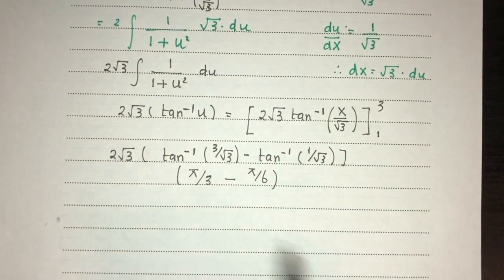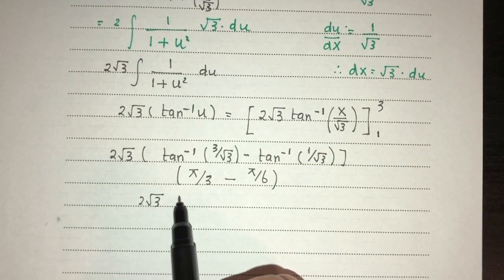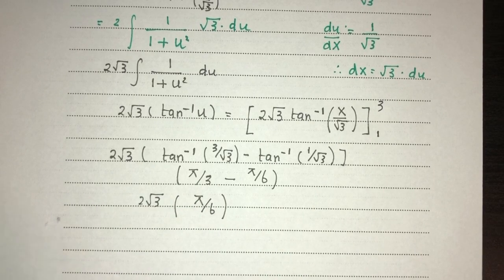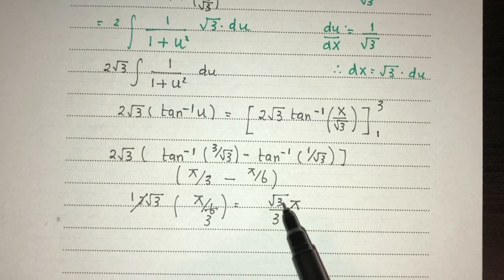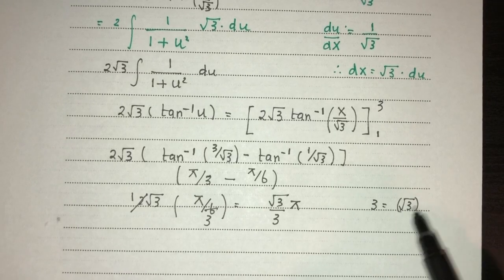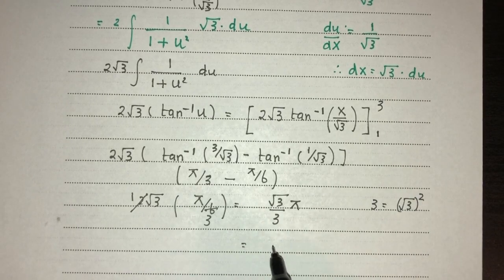So now if you want to simplify this, that will give you 2 root 3 times pi over 6. Now if you simplify, this will become 1, this will become 3. You have root 3 over 3. Now what is this one? As you know, 3 is just root 3 squared. So you can simplify this: root 3 over root 3 squared, cancel out, you will have 1 over root 3 pi.